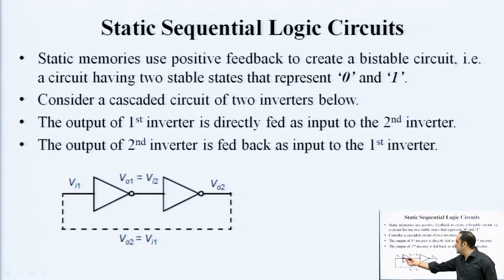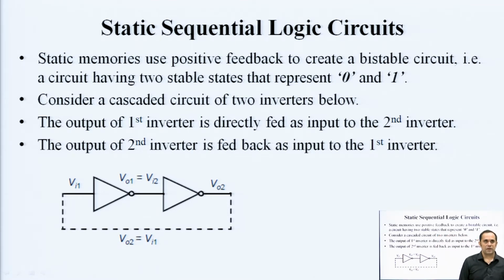Vi1, VO1 are the input and output of the first inverter, Vi2, VO2 are the input and output of the second inverter, and the connection is such that VO1 is equal to Vi2. Now, if this second output is fed back to the input of the first inverter, that basically means that when VO2 changes, it automatically changes the overall input of the entire circuit.